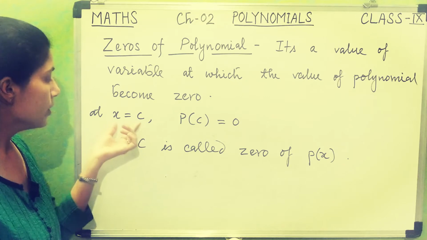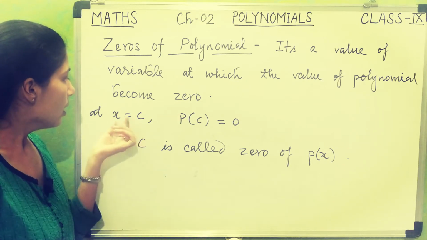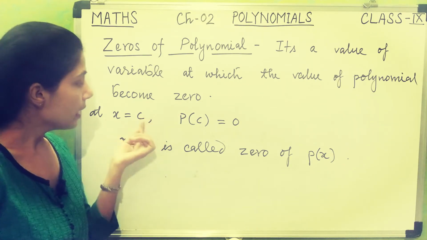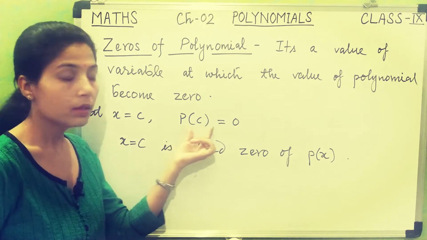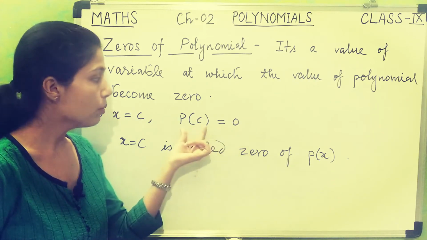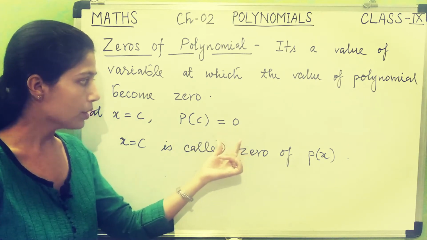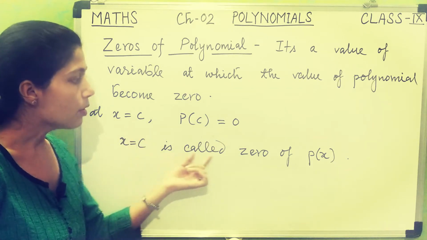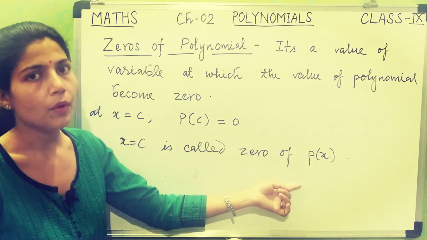Okay, so in general form, if I take x equals c, then at this value the value of the polynomial will be 0. So this c is called the zero of the given polynomial.